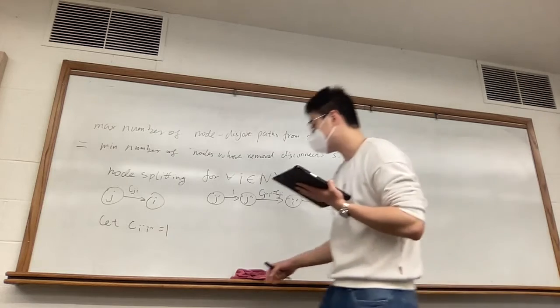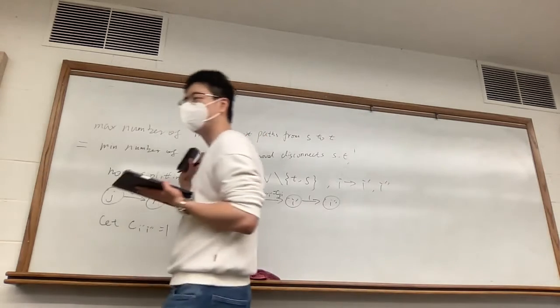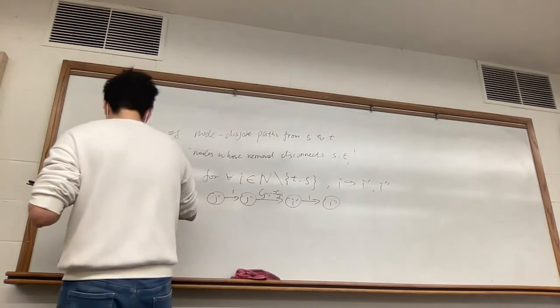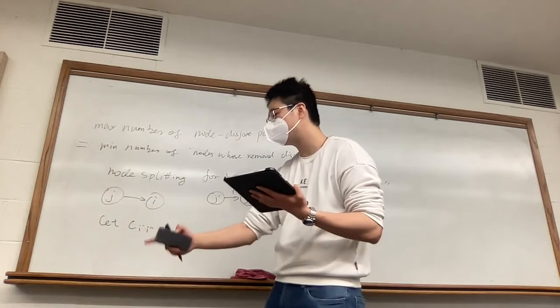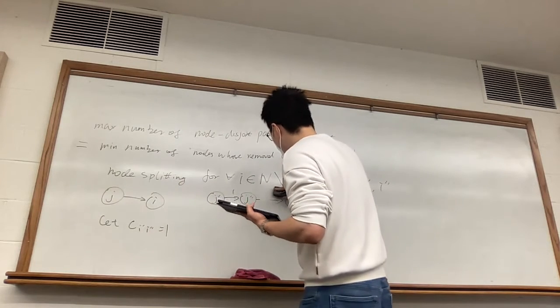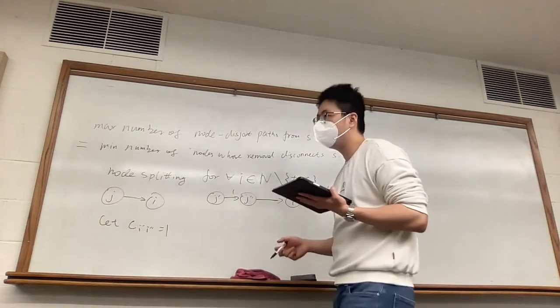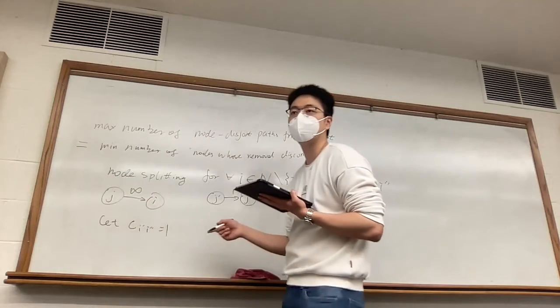Oh, excuse me, I made a mistake here. In the original network, you are not told the capacity of the arc, because originally when you get this problem, you are not told to solve it by a max flow problem. So you are only given a network. Then a common technique for this is just to let it be infinity.